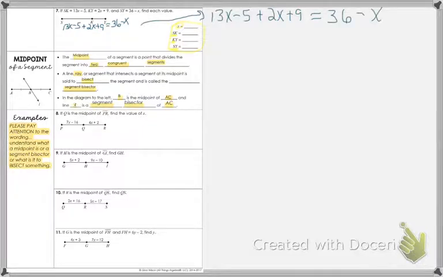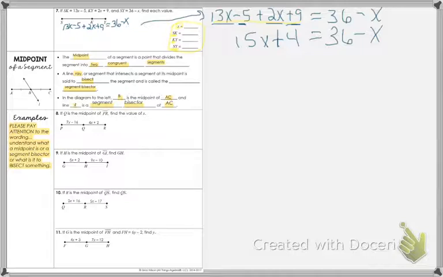Okay. So I'm going to resolve this side first. I'm going to combine my like terms. That means 13 and 2 become 15x. That means that minus 5 and plus 9 becomes positive 4. Nothing happens on this side. I did not have to combine any like terms on the right.